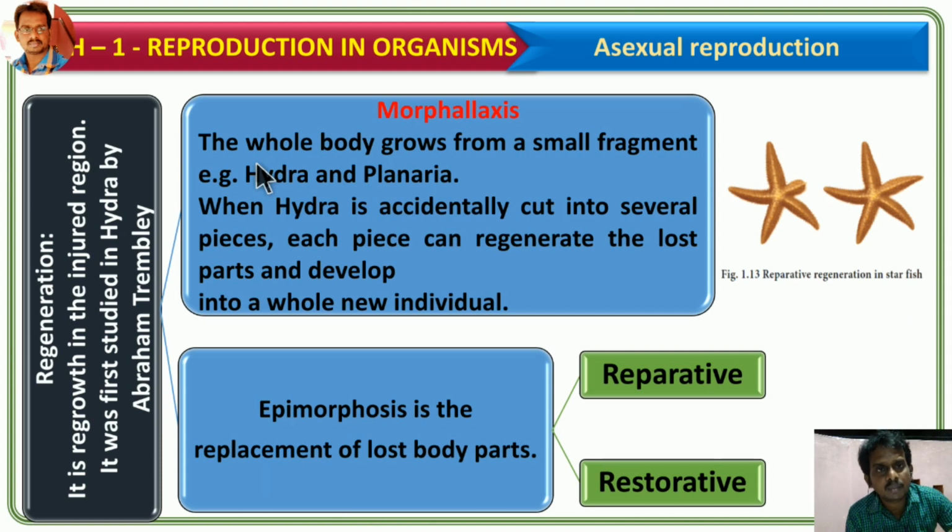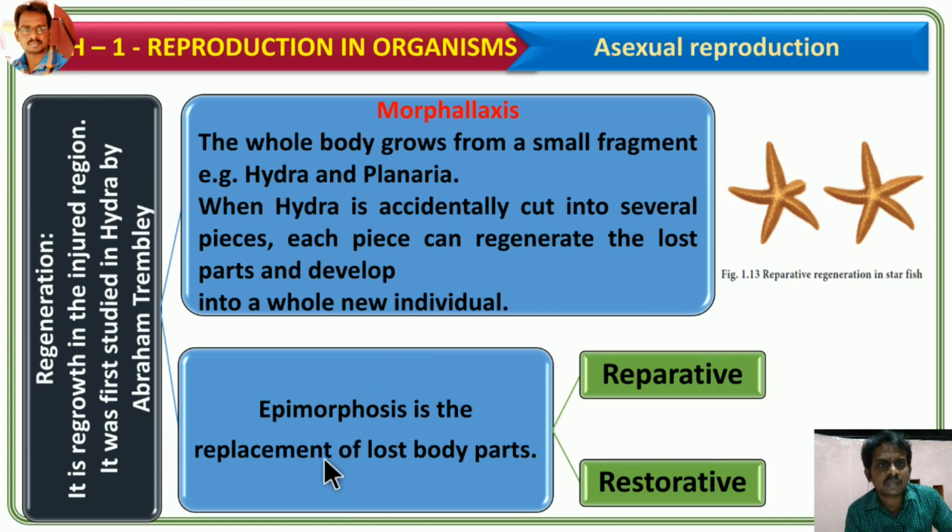This is called morphallaxis. Example, Hydra and Planaria. When Hydra is accidentally cut into several pieces, each piece can regenerate the lost part and develop into a whole individual. This is called morphallaxis type of regeneration.